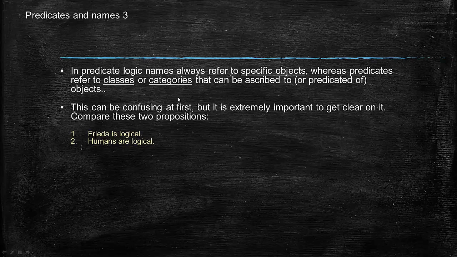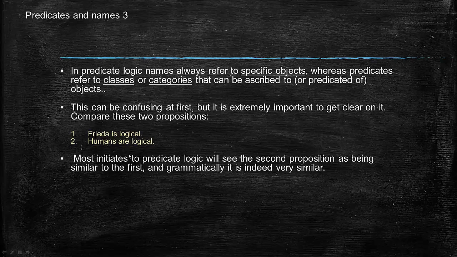If you look at these two propositions, Frida is logical and humans are logical, these look very similar on the surface. Most people who are new to predicate logic will see the second proposition as being pretty much the same as the first. And grammatically, it is indeed similar.